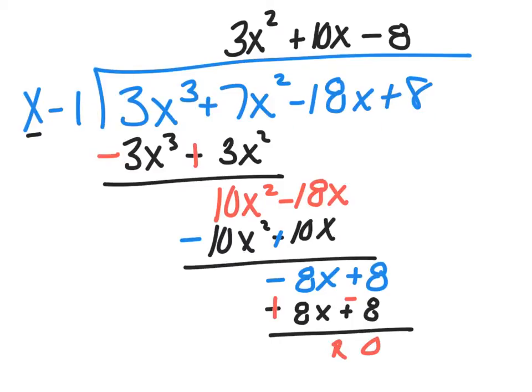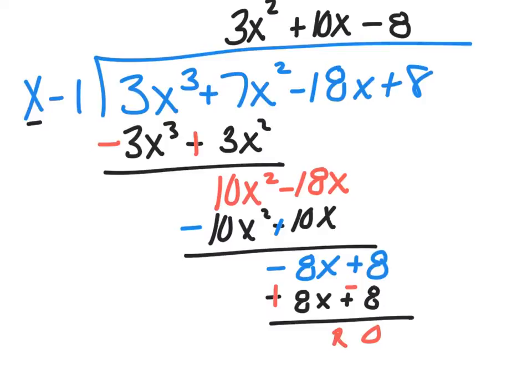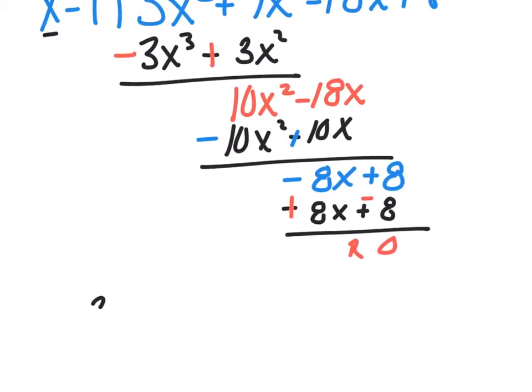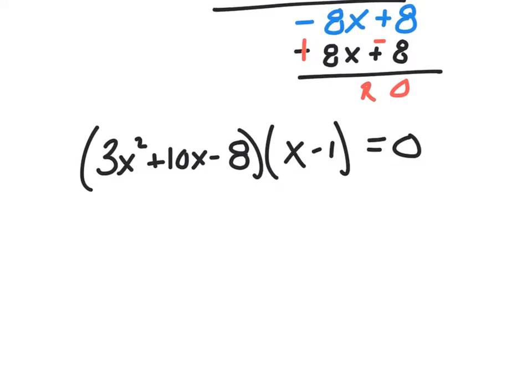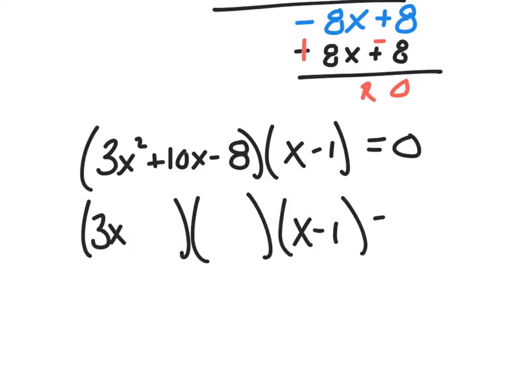So I'm going to go ahead and write that down for myself. That is a factor, and so is x minus 1. Now, if I set those equal to 0, I can easily get the roots of this polynomial. I'm just going to refactor this term. I already know that one's x minus 1.